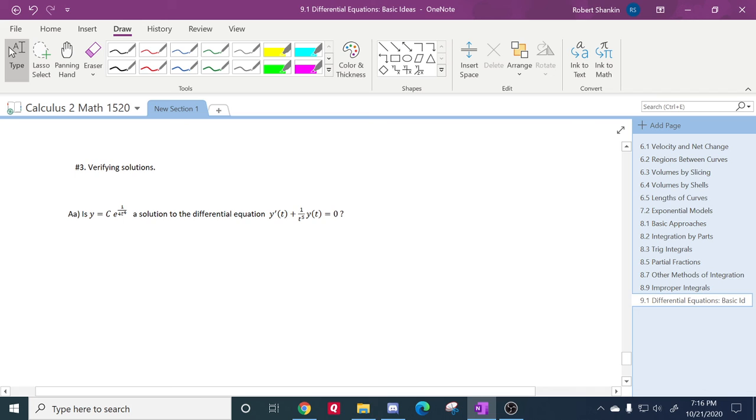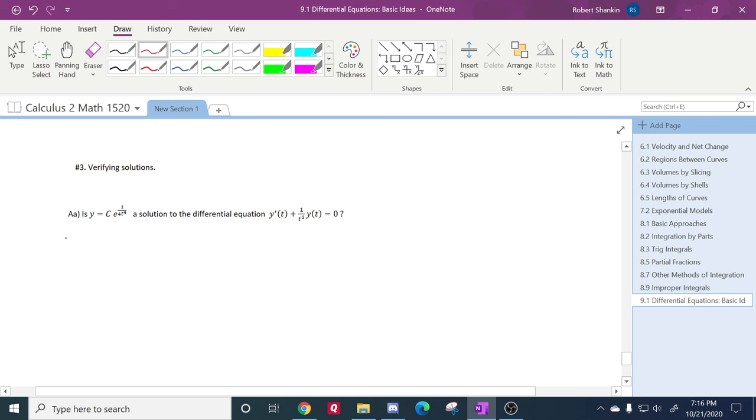And you're also going to be verifying solutions. And we've already been doing this so far, but let's go into it a little more in detail.